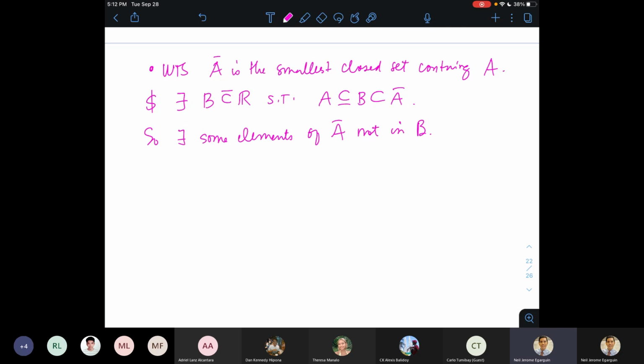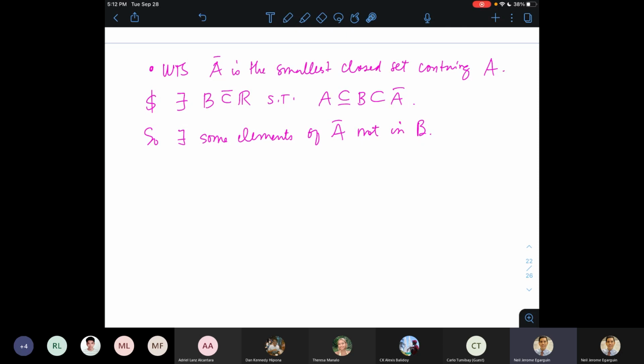Pero ano na lang yung mga candidates na yon? Dahil si A bar ay union ng set A at saka ng limit points ni A, ibig sabihin, ang candidate lang para maging elements ni A bar na wala kay B ay mga limit points ni A. Tama?